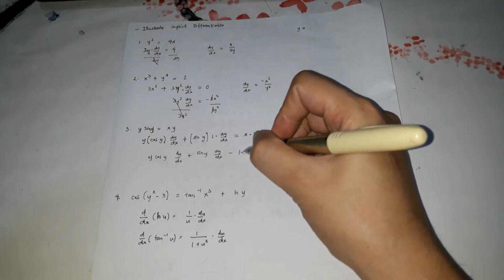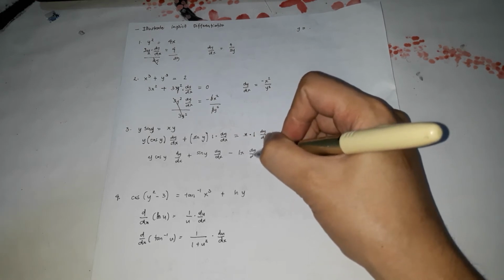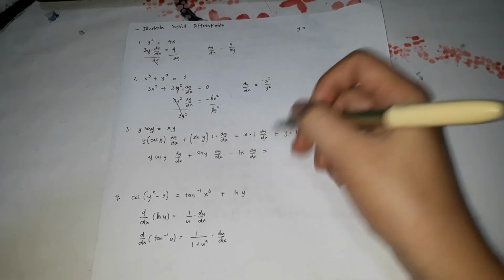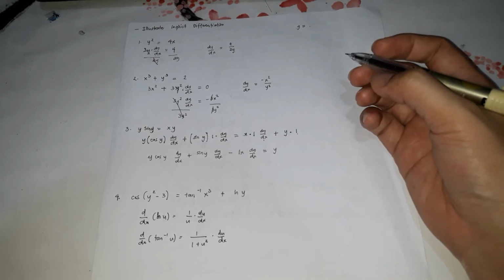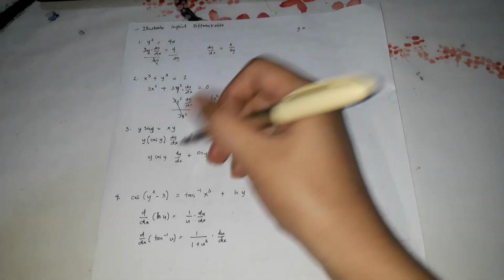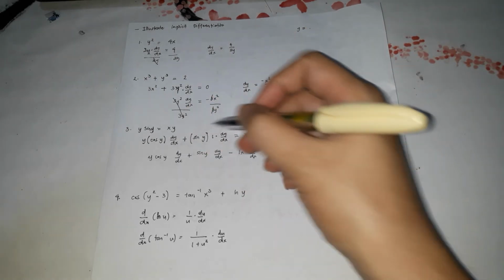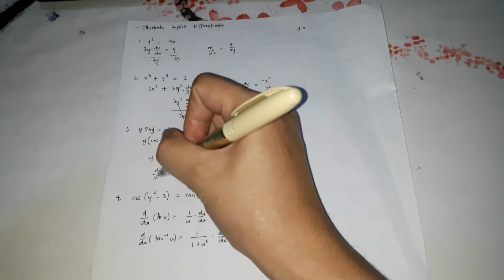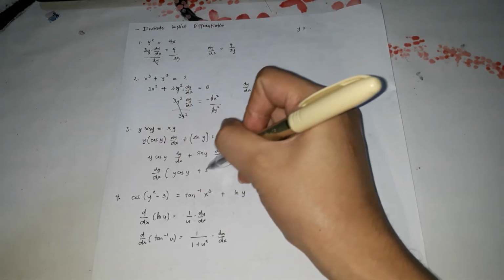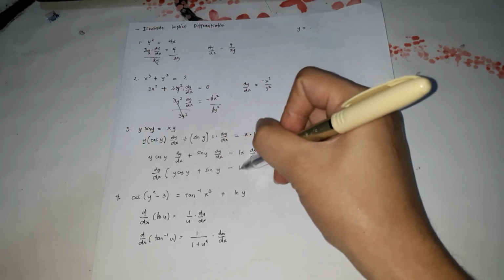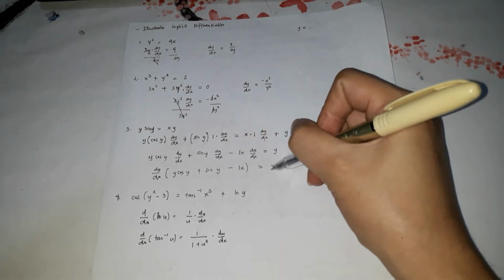It will become negative 1x. dy over dx is equal to 1 times y, y. Next, the dy over dx, ilabas siya. It's the common dy over dx. So y cosine y plus sine y minus 1x is equal to y.